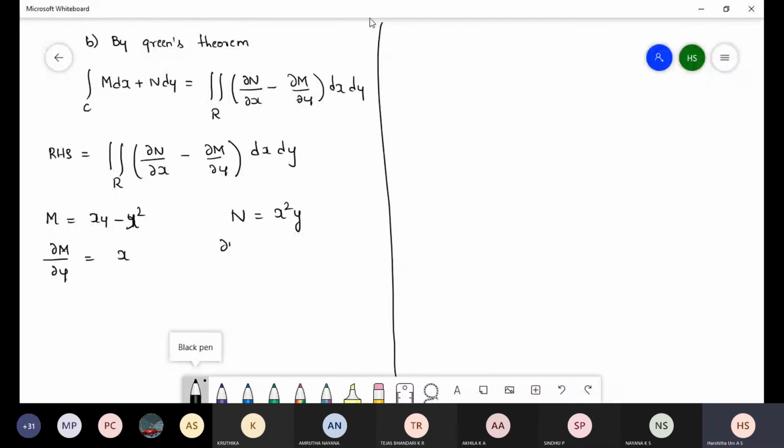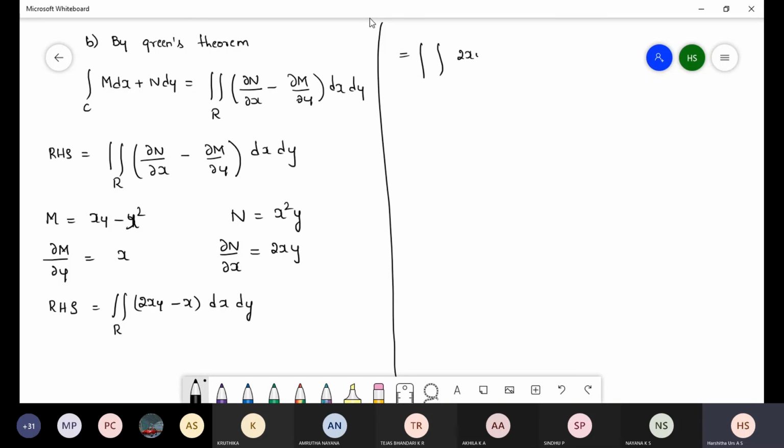Differentiating n partially with respect to x gives 2x into y. Next, substitute in the RHS above: double integration over the region R of 2xy minus x, dx dy. Now using the property of changing the order of integration, we can write dy dx.